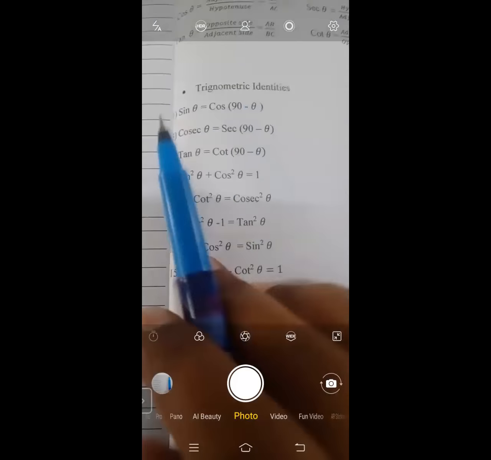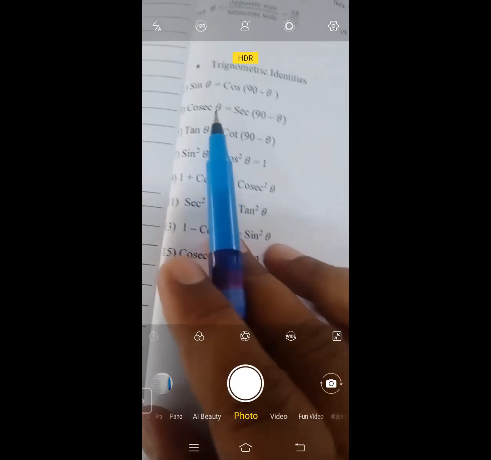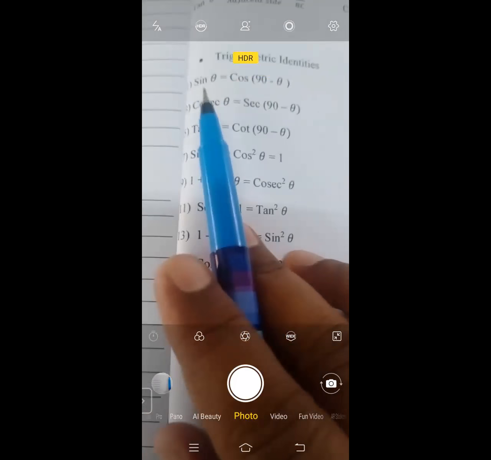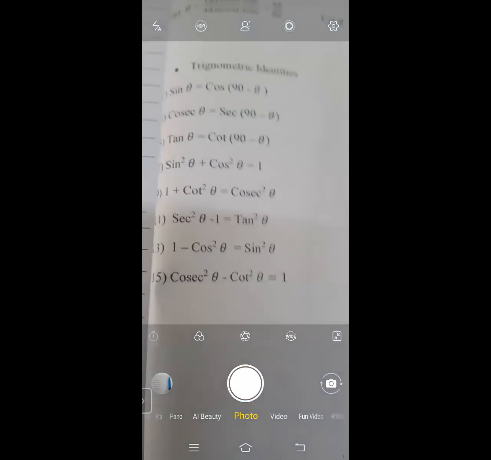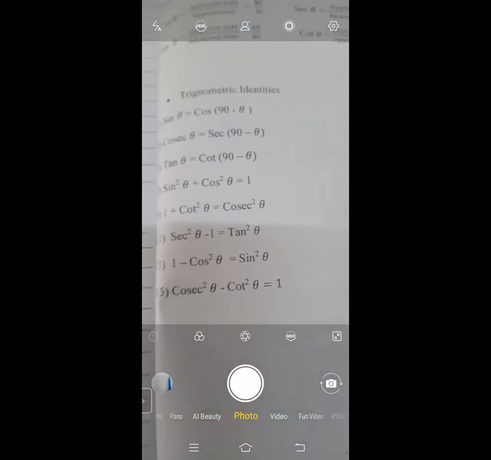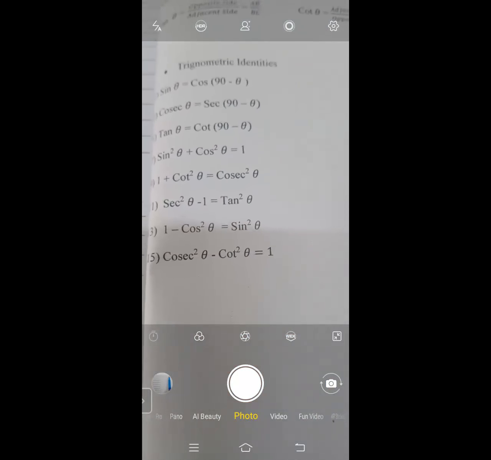So they have this relationship between them, which we have formulated in the form of equations: sine theta is equal to cos 90 minus theta, cosec theta is equal to sec 90 minus theta, and tan theta is equal to cot 90 minus theta.